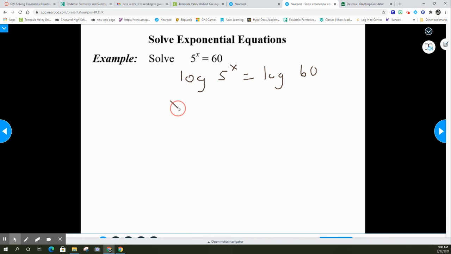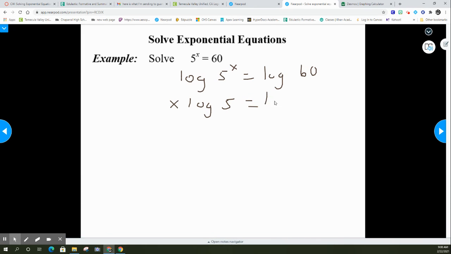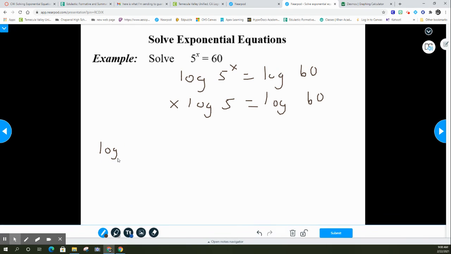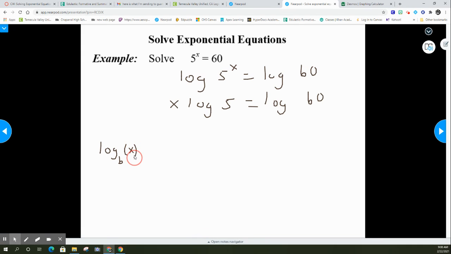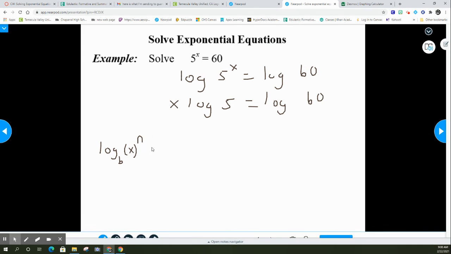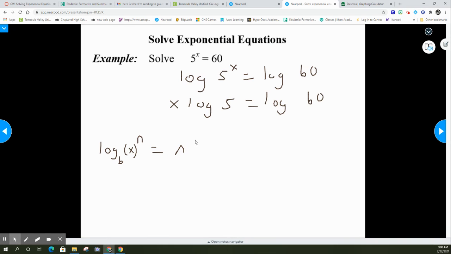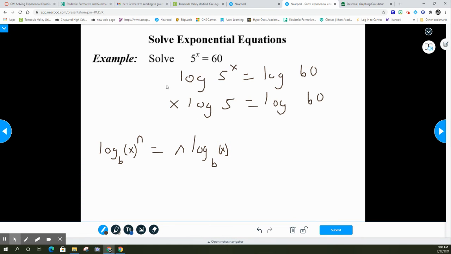So these are equivalent statements: x times log of 5 equals that. And that's just a property that says log base b of x to the n is going to be the same as n times log base b of x. This property right here allows us to do this.